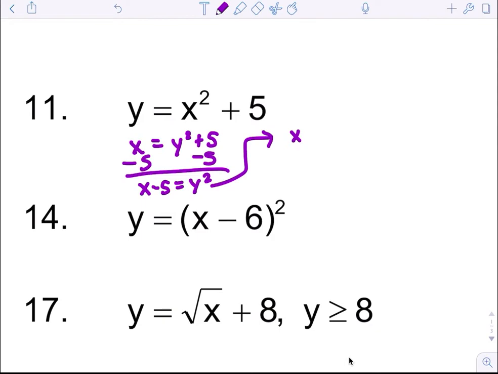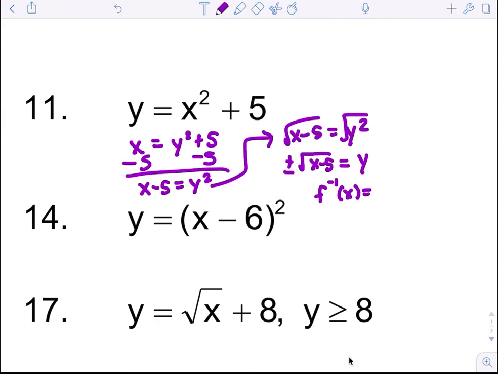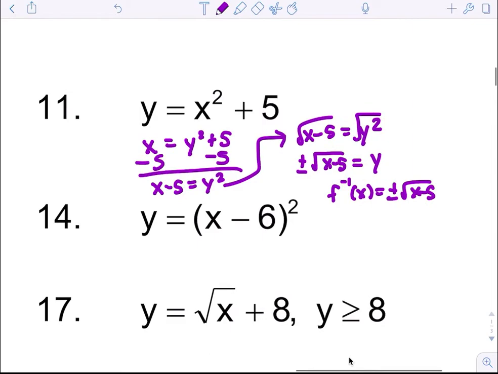And then we're going to square root both sides. So we're going to get plus or minus square root of x minus 5 is equal to y. And we know y is just f inverse of x. So there's that one.